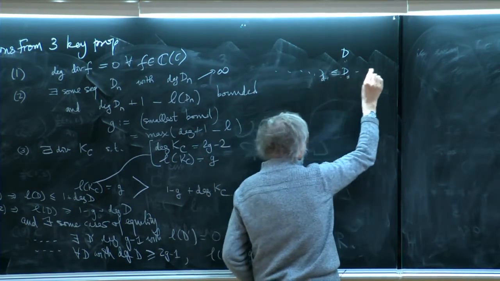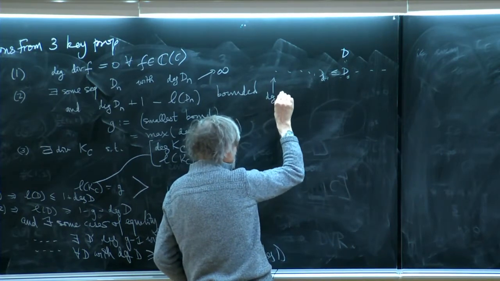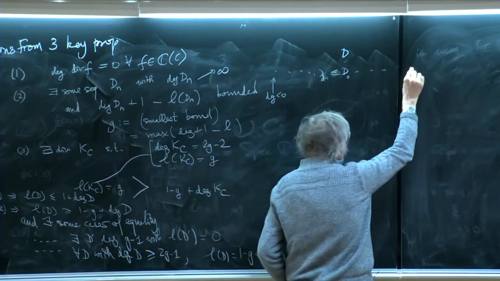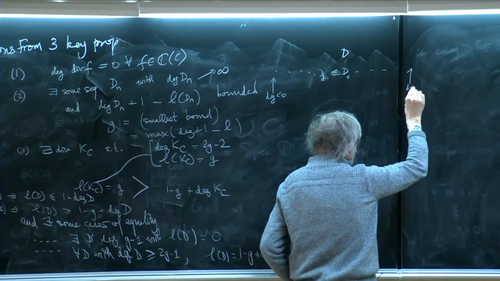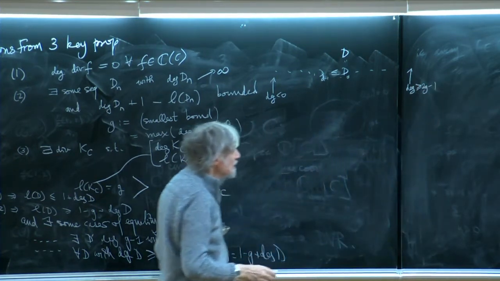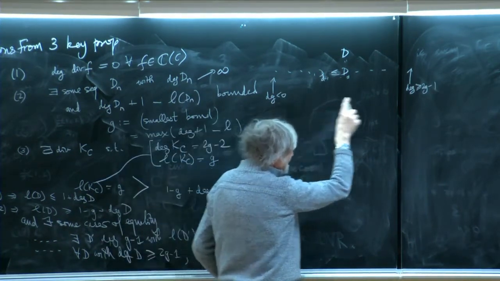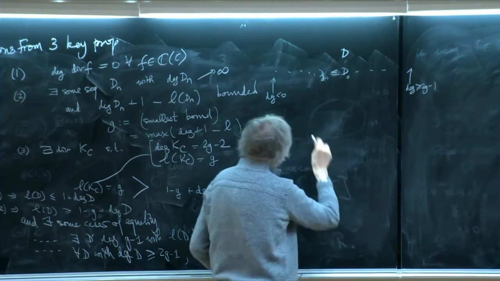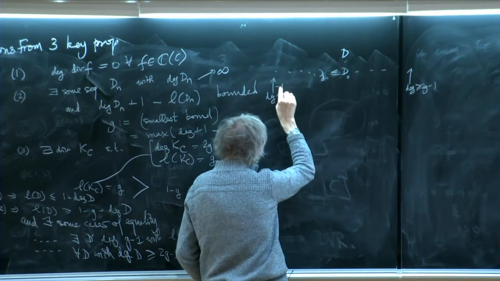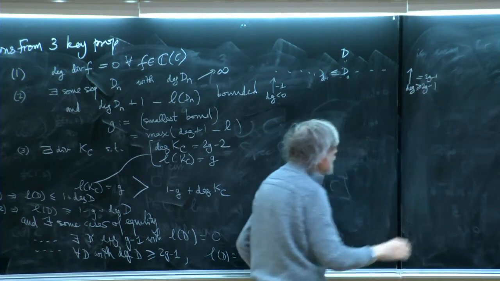I can put it in a sequence where here I have degree less than 0, and here I have degree greater than or equal to 2g minus 1. Right? And so when I'm passing from here to here, I can arrange this to be minus 1, and I can arrange this to be equal to 2g minus 1.